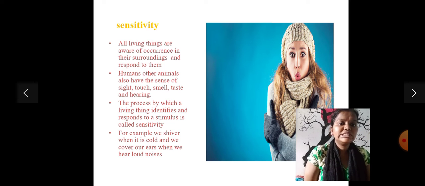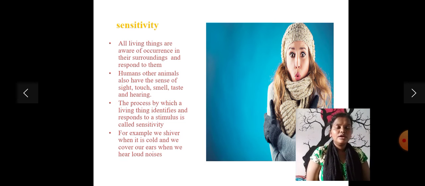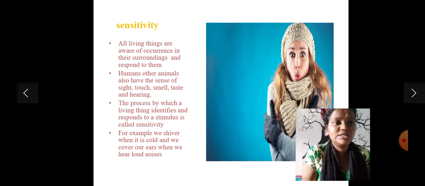For example, if your mom cooks something in your home, like some important dish like chicken, mutton, biryani, and everything. If you smell a dish, you will say, wow, yummy, or wow, super taste, or super smell, right?